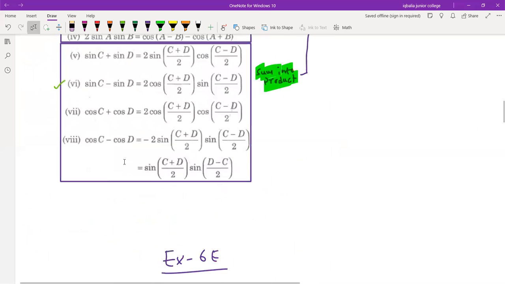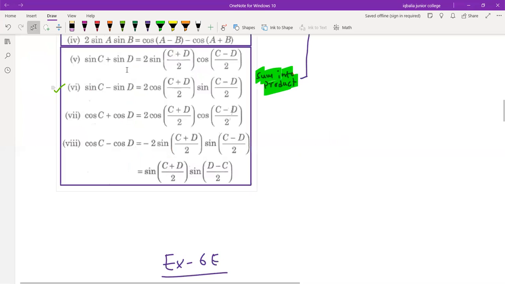Now here we are able to use the formula of cos C plus cos D. Just see the formula here, cos C plus cos D is nothing but 2 cos C plus D by 2 into cos C minus D by 2. So we are going to use this formula.